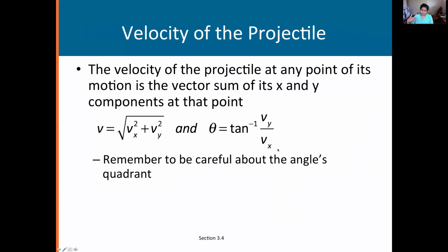Remember, it's always y component divided by x component. You might need to add or subtract 180 here to get the right angle. You have to think about the quadrants like we discussed before to get the right direction for the velocity. So at any point, you're going to have to combine the x and y back together to get the resultant motion.